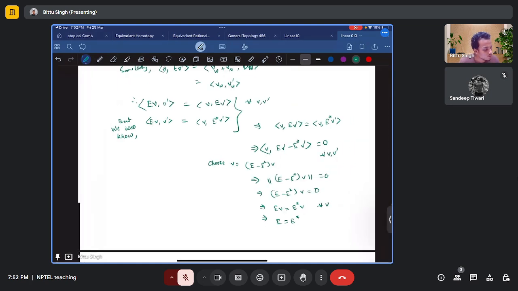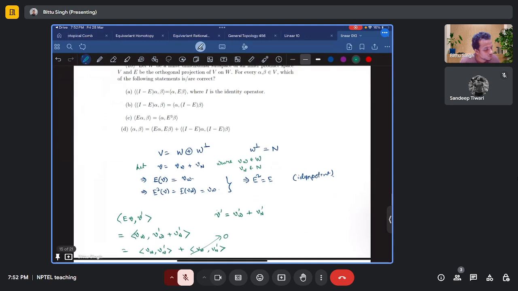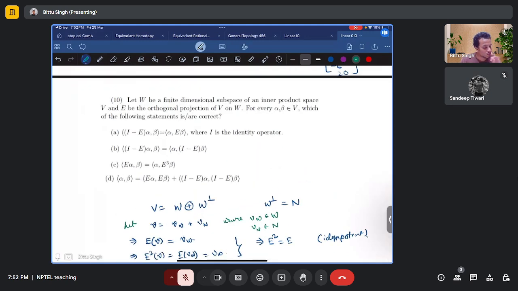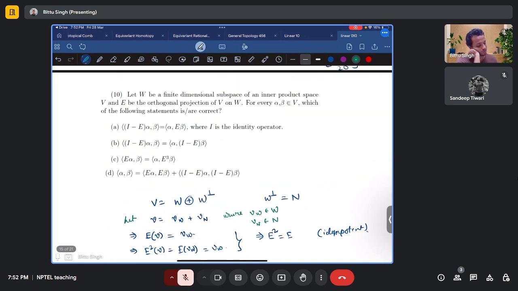Okay. So now let us see which options are true. We know that E is an orthogonal projection.